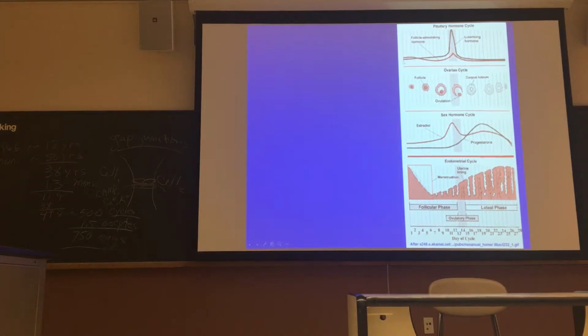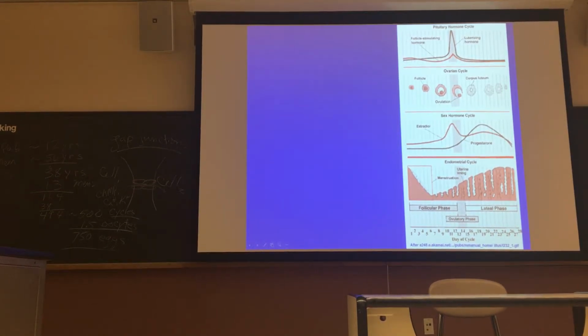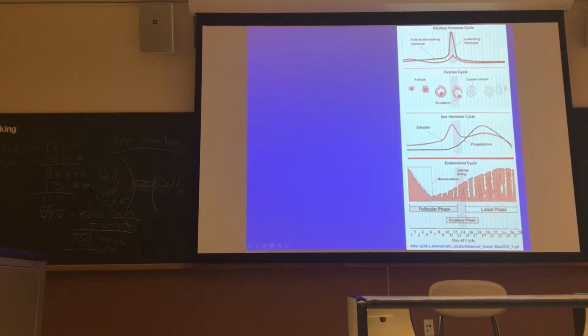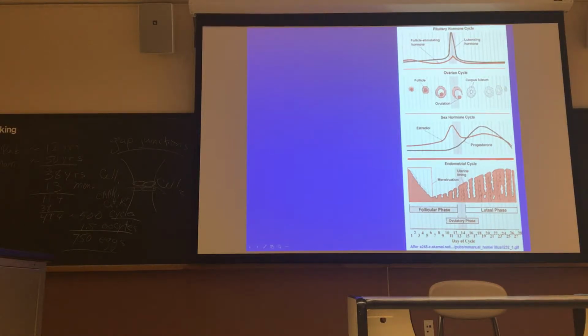Okay? They'll all have a pattern that looks something like this and is actually about the same length, about 29 days. During this particular part of the cycle, the follicles are growing, and particularly in this range, they're growing very rapidly. And they'll start out with a group of them growing.